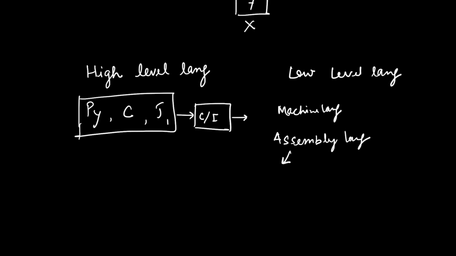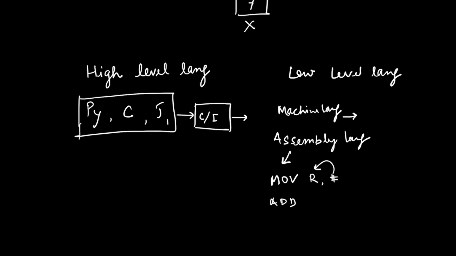Assembly language you must have seen in your microprocessor lab, where we were using something like move or add, and then we were giving some value. So we are moving some value to the register or adding some value to the register. So these machine language or assembly language are very close to what the machine can understand, but still we need to convert them into object code.